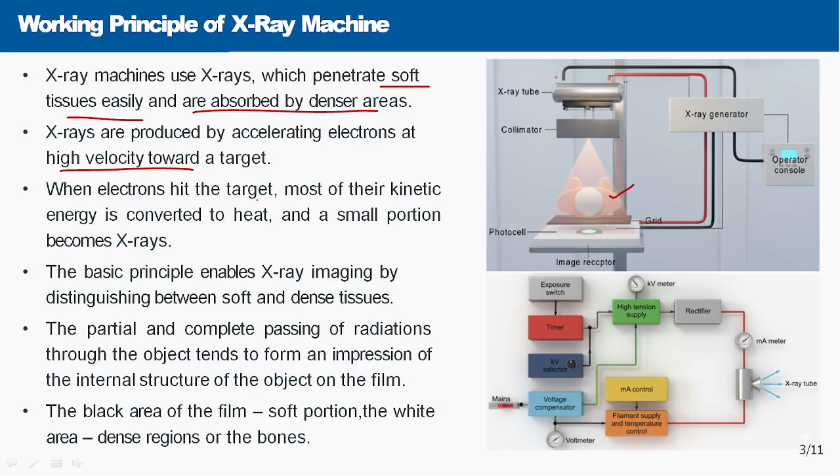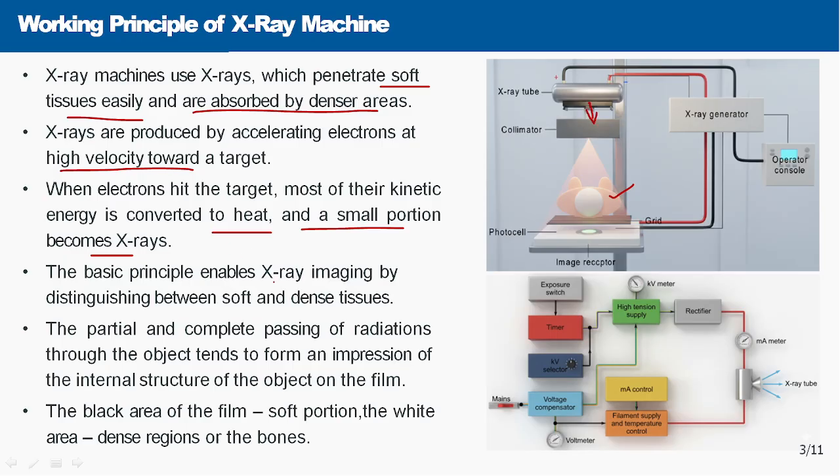When the electrons hit the target, most of their kinetic energy is converted to heat and a small portion becomes X-ray. The electrons generated at the cathode hit the anode, and in most cases they will be absorbed by losing their energy, and some part will be converted to X-ray formation. Also, efficiency is very low.